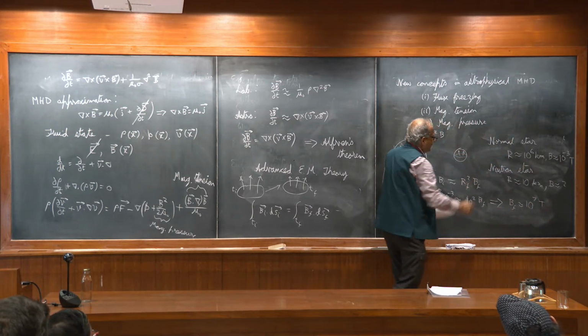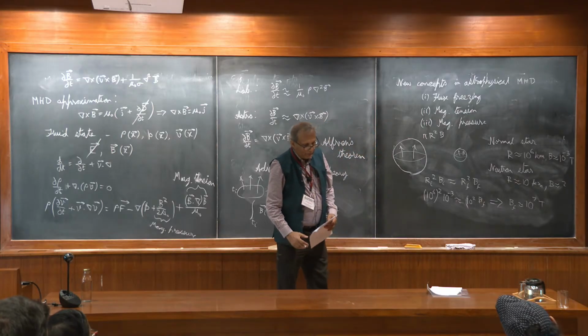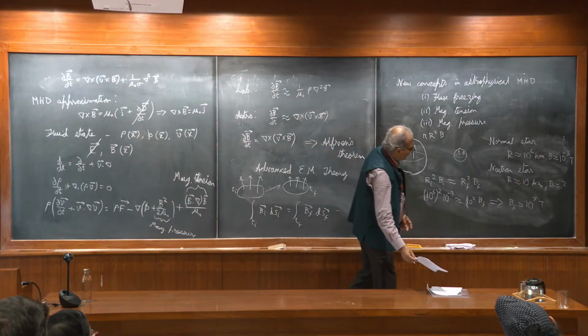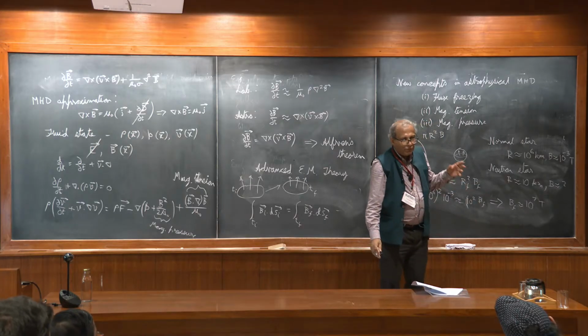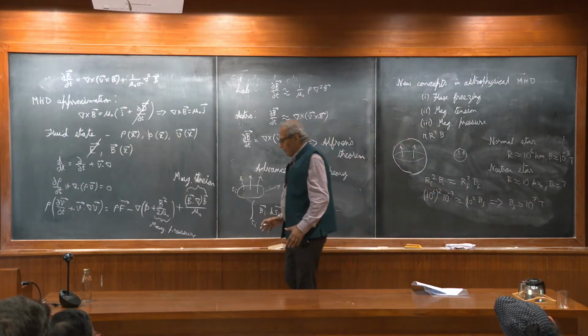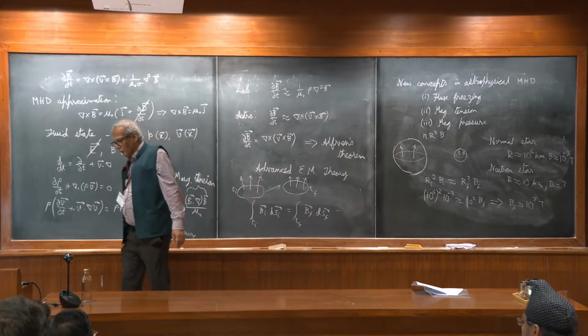So when this normal star collapses, you expect the collapsed star to have a huge magnetic field, provided the magnetic flux is frozen and Alfvén's theorem holds.